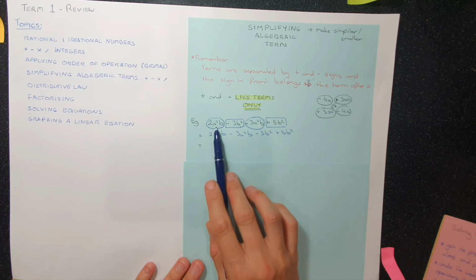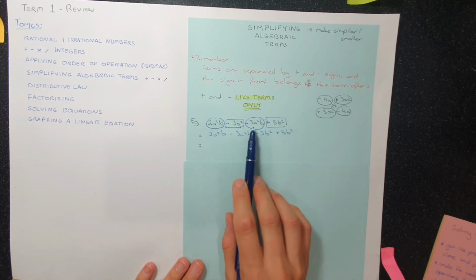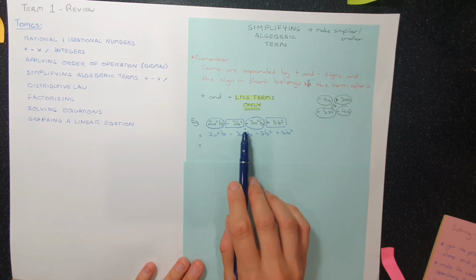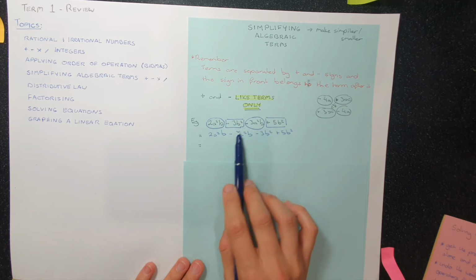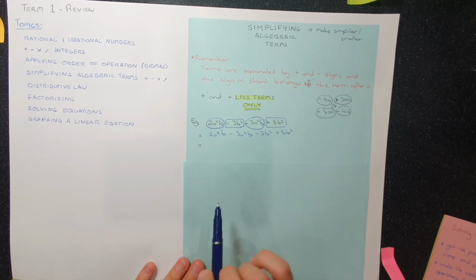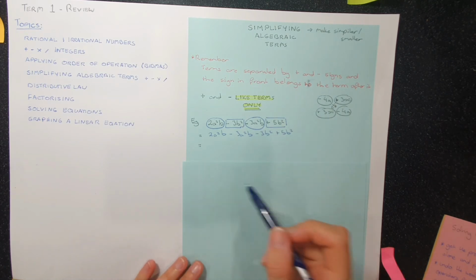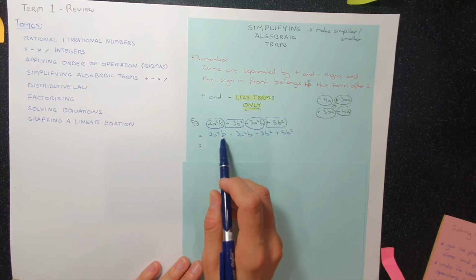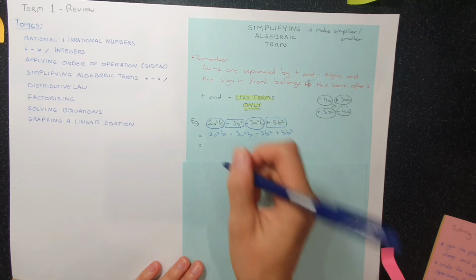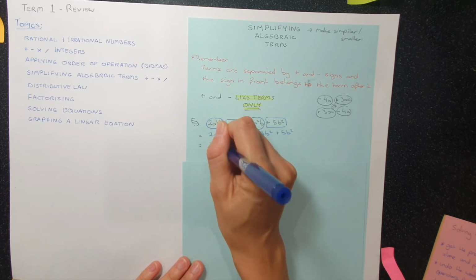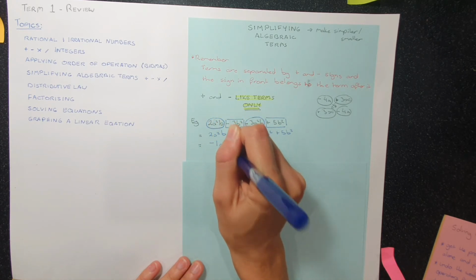You can see that I've got my 2a squared b, my negative 3a squared b, negative 3b squared here, and positive 5b squared here. Circles together, rectangles together. Now for our last line of working, if I have 2a squared b's and I take away 3a squared b's, I'm going to end up with negative 1a squared b's.